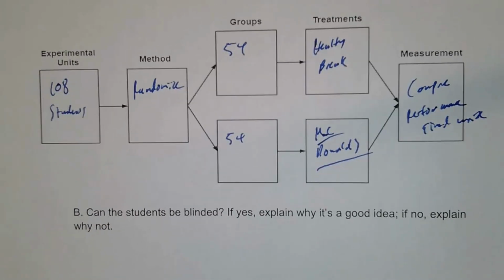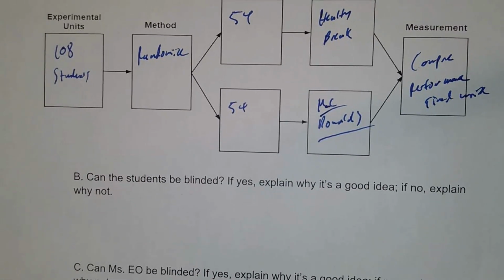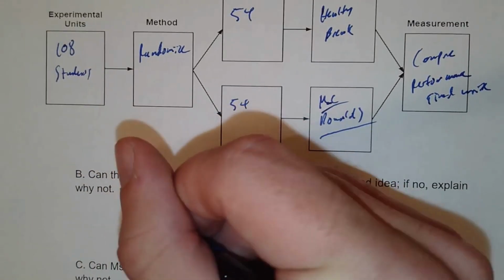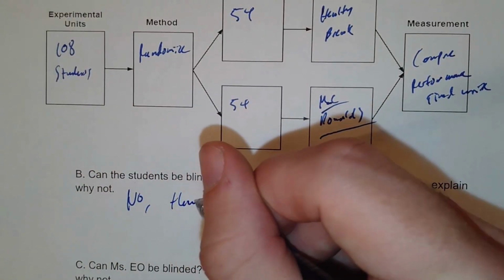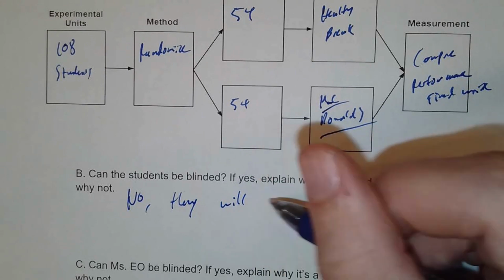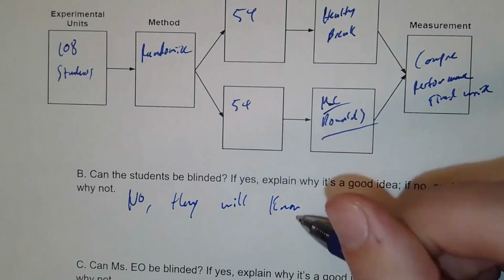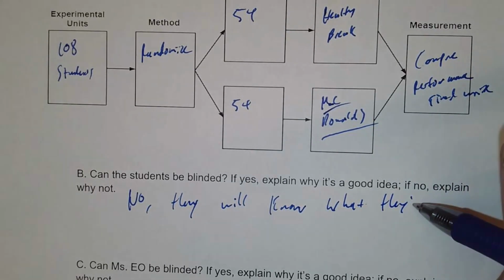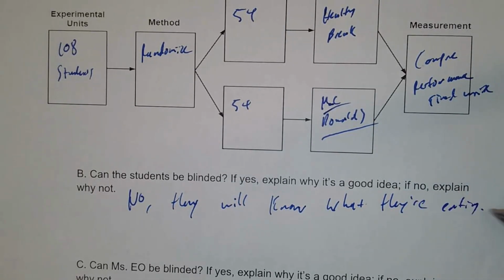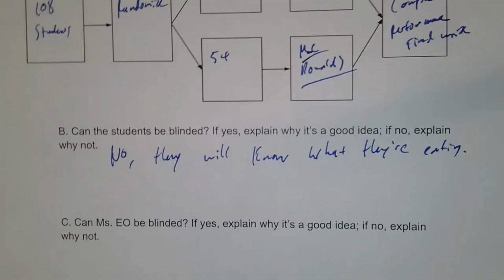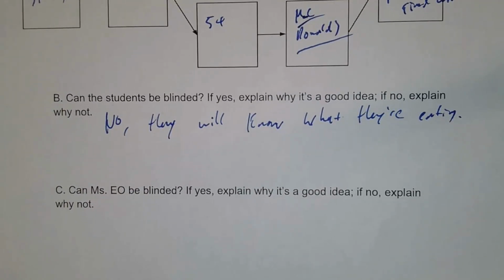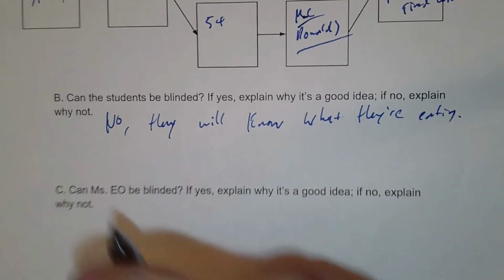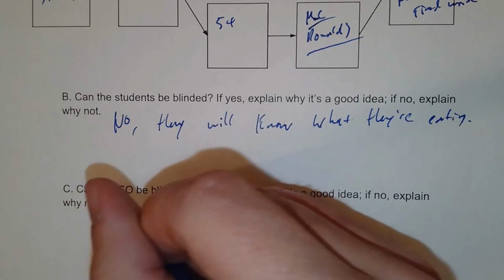Can the students be blinded? I mean, no, right? Because they will know what they're eating. You can't hide that from the kids, right? And then, can Miss EO be blinded? Yeah, she could.